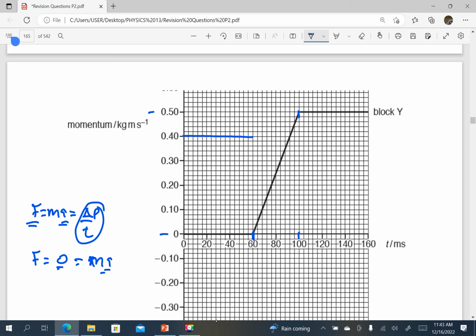Therefore, since this one has gone to 0.5, the other one should fall down by one step, below the x-axis, so that total momentum remains 0.4. So it means this one should go down. When the other one goes to 0.5 upwards, this should go up to negative 0.1. So it should come up to here.